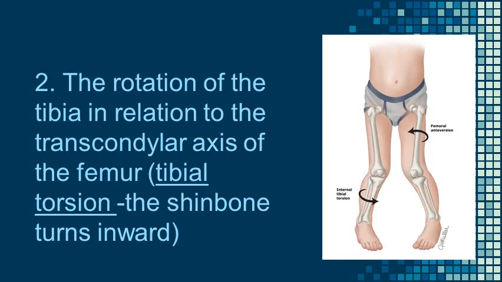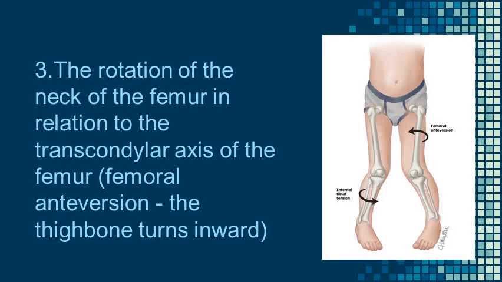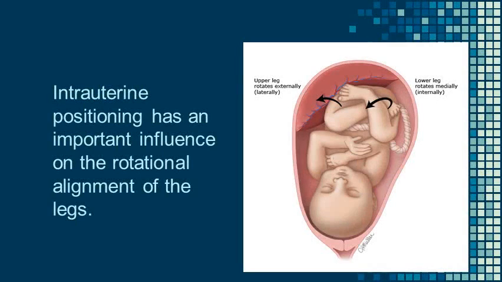Transcondylar axis means the axis formed between the medial and lateral condyles of the lower end of the femur. And the rotation of the neck of the femur in relation to the transcondylar axis of the femur is known as femoral anteversion. The intrauterine positioning has an important influence on the rotational alignment of the legs.